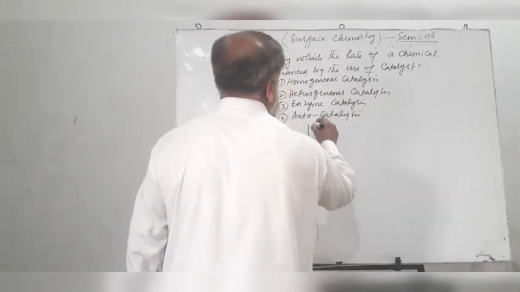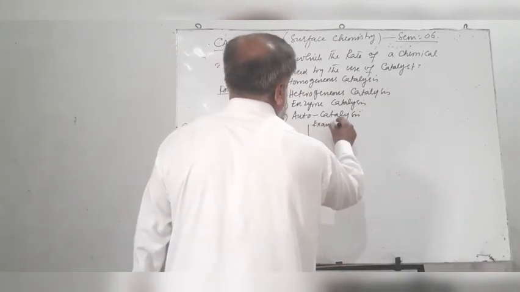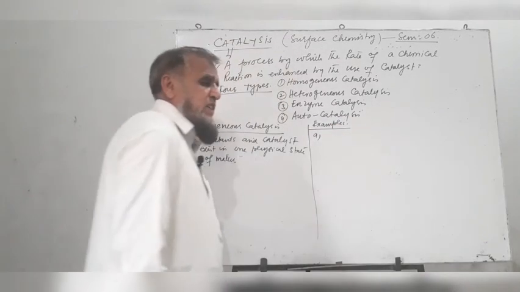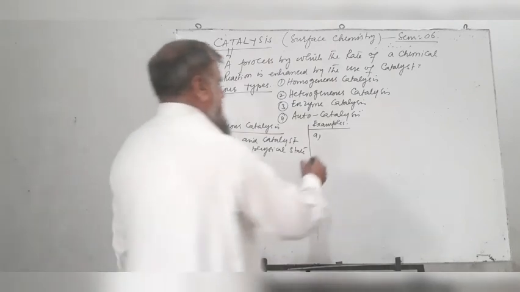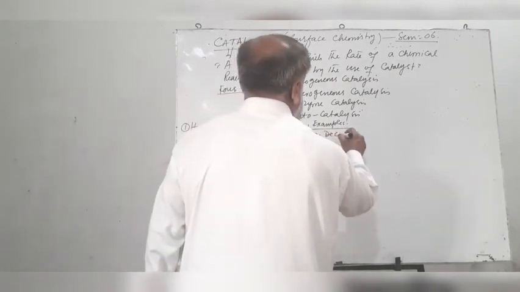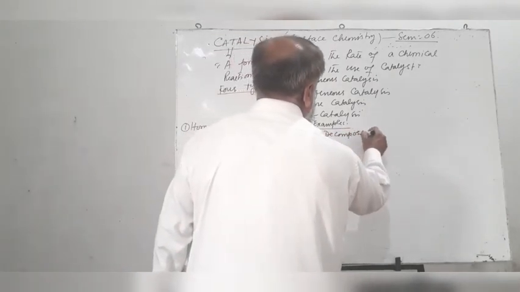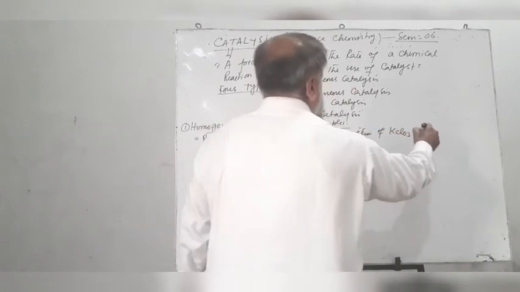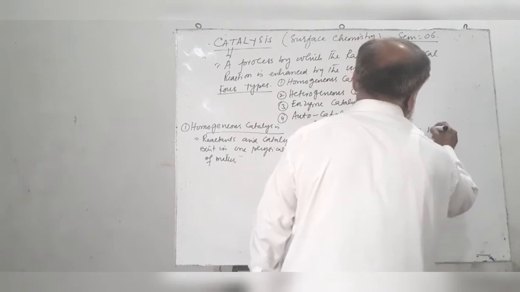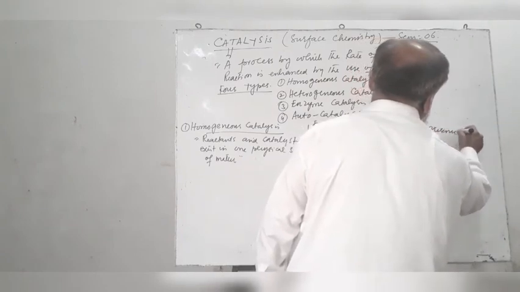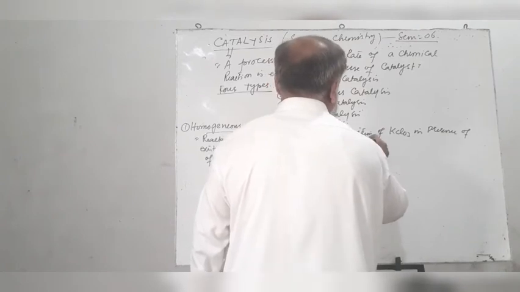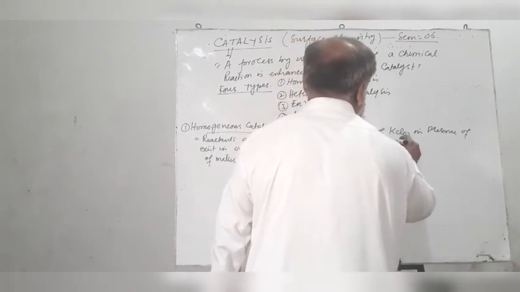Examples of homogeneous catalysis are: first example, solid reactant and solid catalyst is the decomposition of potassium chlorate in the presence of manganese dioxide, MnO2, as catalyst.